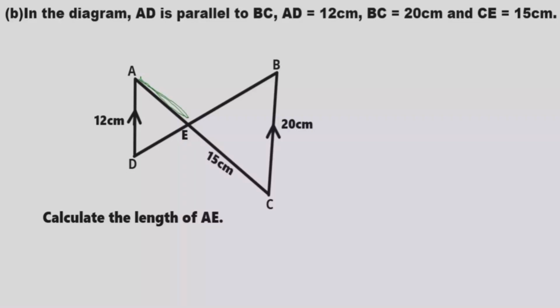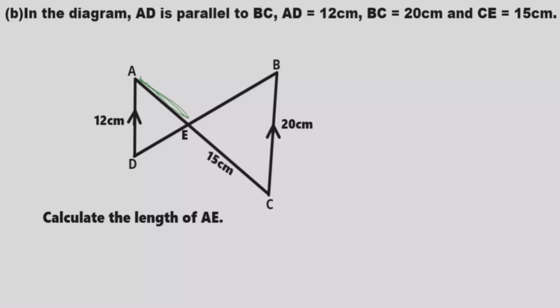Now, for us to find this length, we're going to start with identifying the corresponding sides. So one of the key factors to solve this question, we need to identify at least 2 corresponding sides with their dimension which are given.